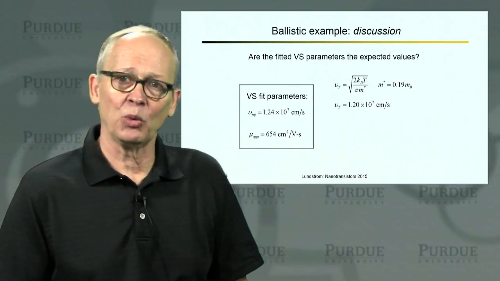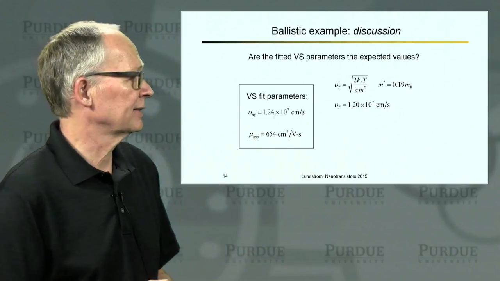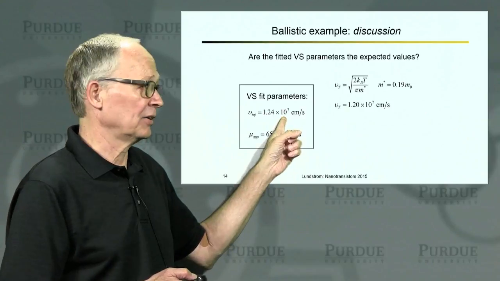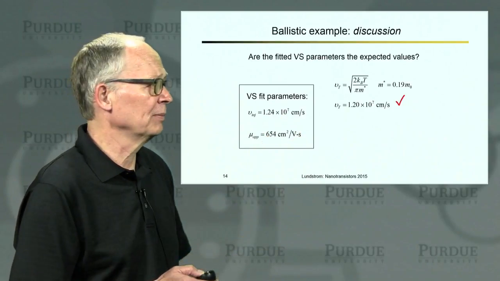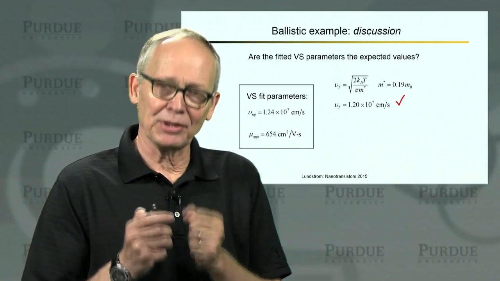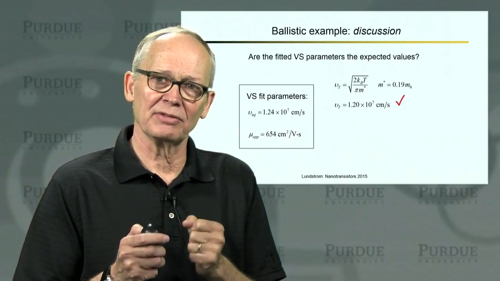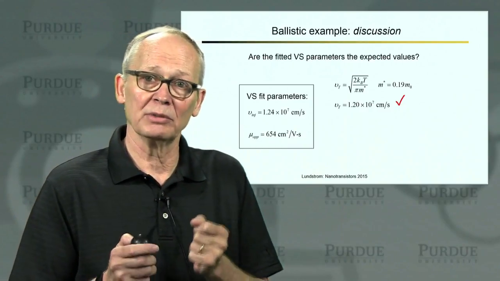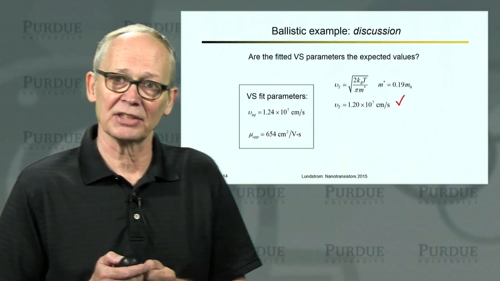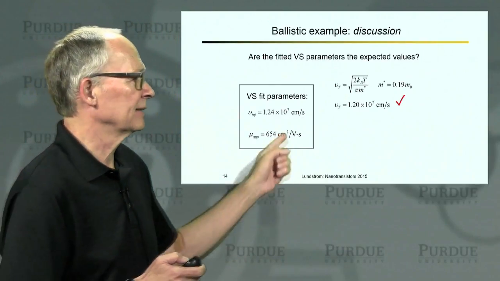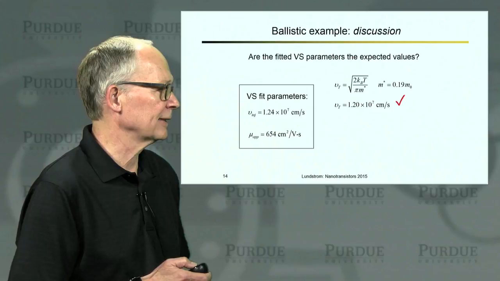It turns out to be about 1.2 times 10 to the 7th centimeters per second. In order to fit that curve, we needed 1.24. They're about the same. So this empirical adjustment of the saturation velocity to 1.24 times 10 to the 7th was just adjusting it to the ballistic injection velocity.